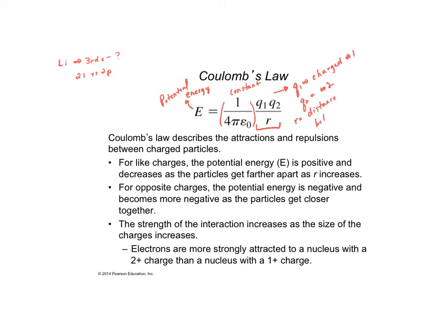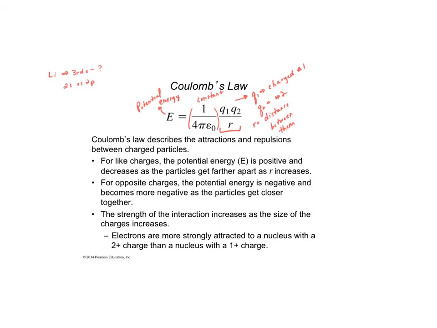Overall, with respect to interactions between charged particles, lower potential energy is going to be good. The bigger and more negative this E, this potential energy, is, the more attraction there's going to be between our particles. So how are we going to get this big and negative?